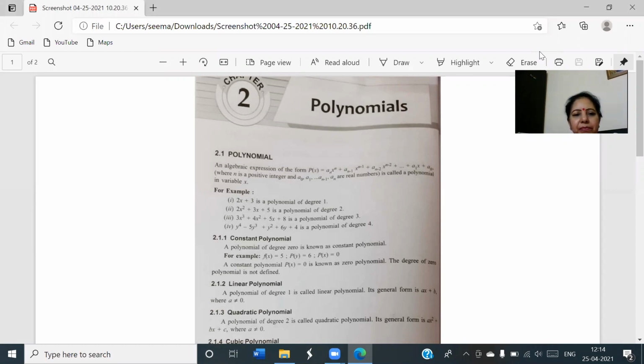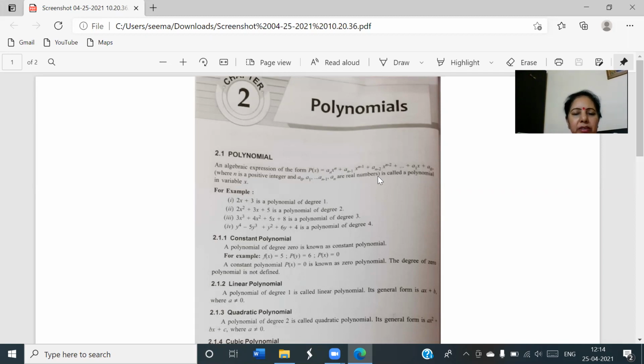Let's revise them. A polynomial is an algebraic expression of the form p(x) equal to a_n x^n plus a_(n-1) x^(n-1) and so on till a_0, where n is a positive integer and a_0, a_1, and so on to a_n are all real numbers.